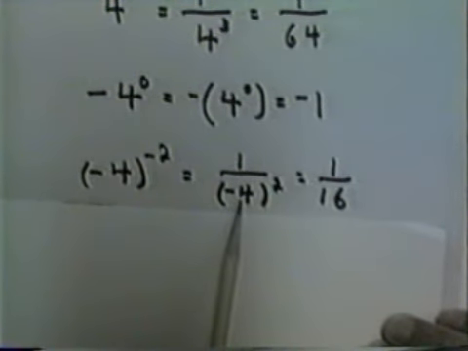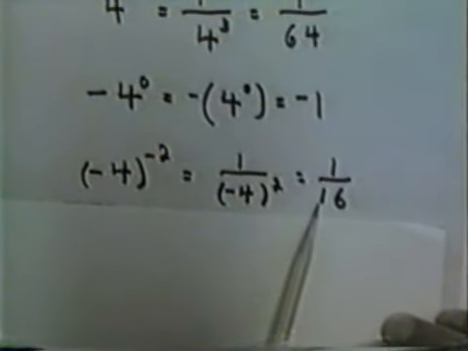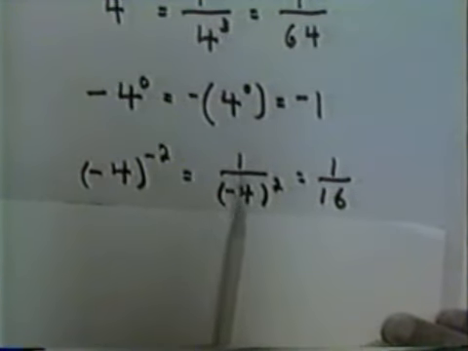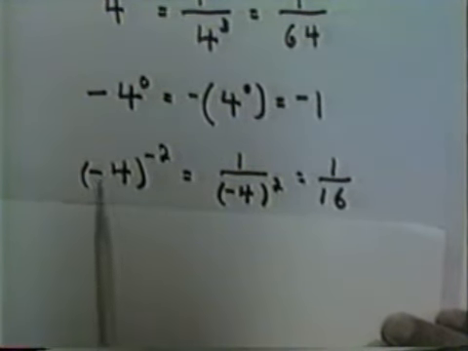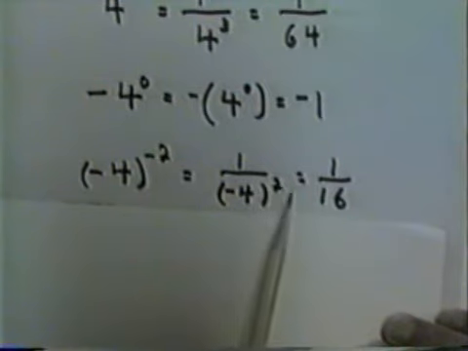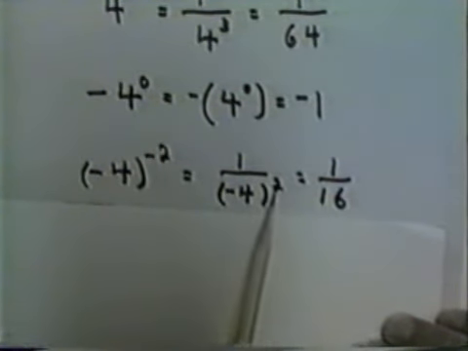A negative times a negative is positive. So a negative 4 times a negative 4 is a positive 16. So I get as my answer 1/16. Negative 4 to the negative 2 is equal to 1 over negative 4 squared, which is 1/16.